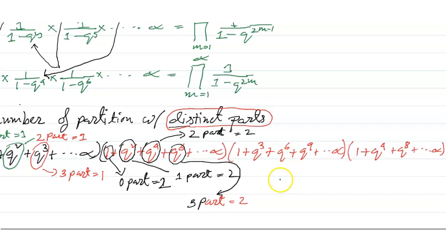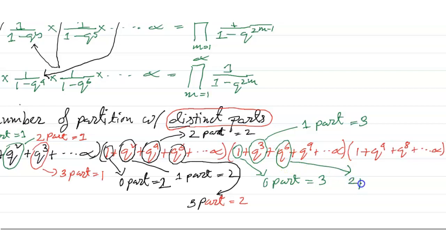When we discuss this portion, then it is 0 part equals to 3, 1 part equals to 3, 2 part equals to 3, and so on.